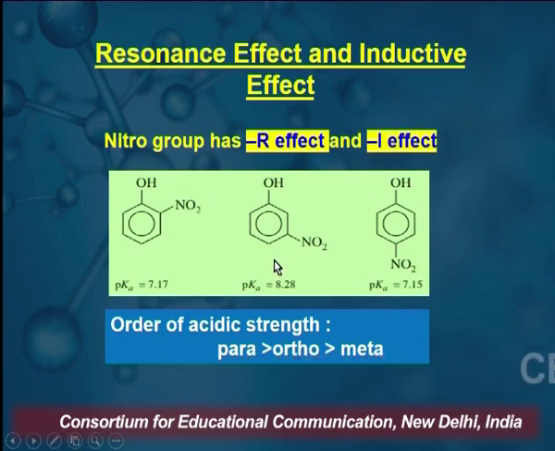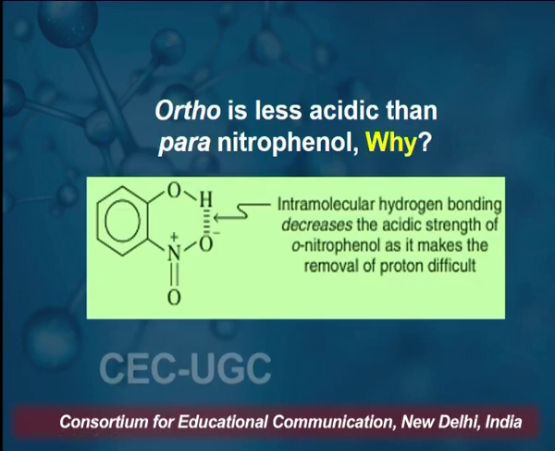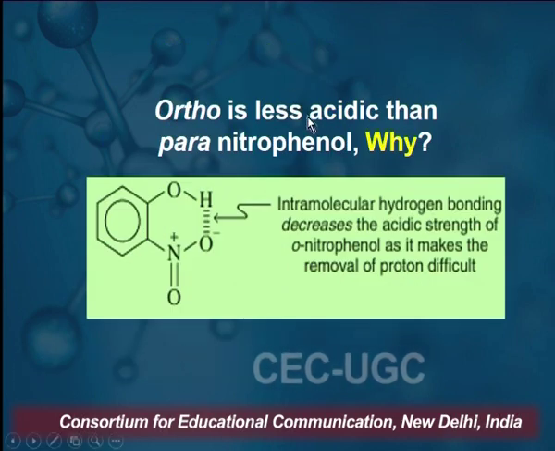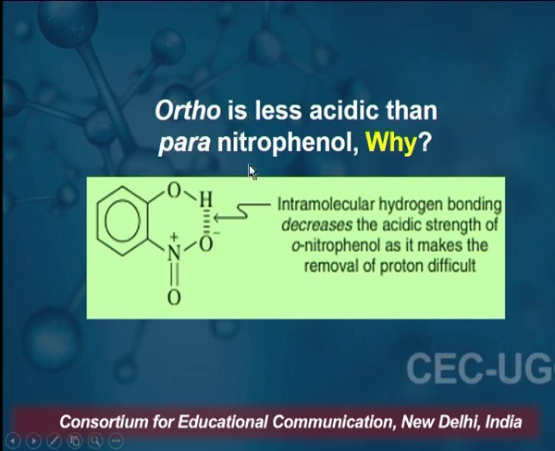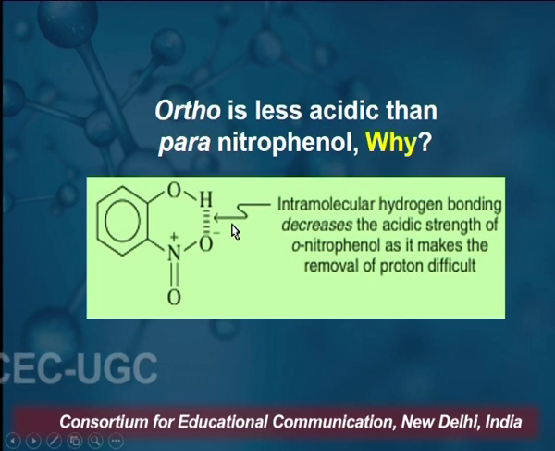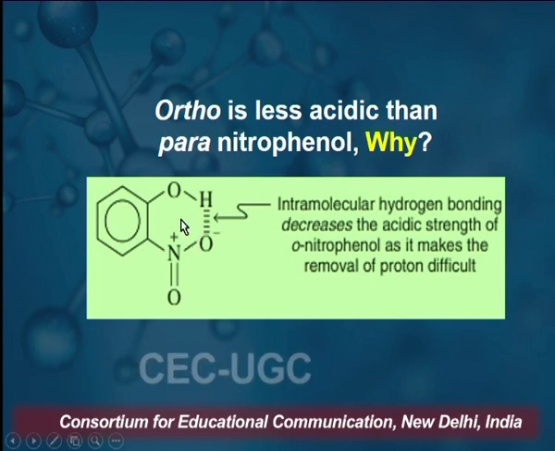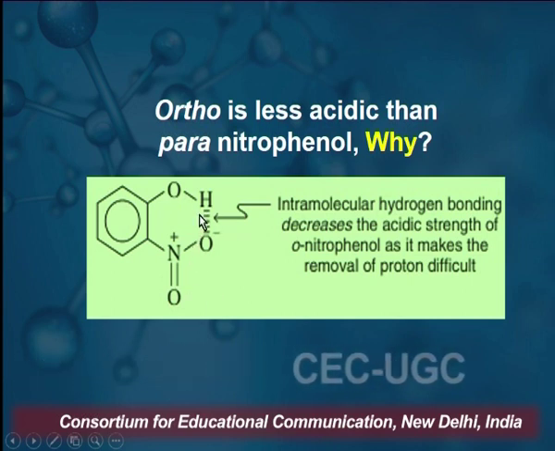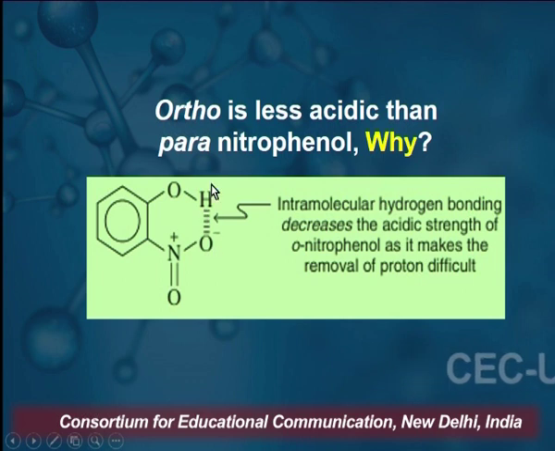But in this case, we have observed that para is more acidic than ortho, and the less acidic character of ortho is attributed to hydrogen bonding. Orthonitrophenol itself undergoes intramolecular hydrogen bonding.